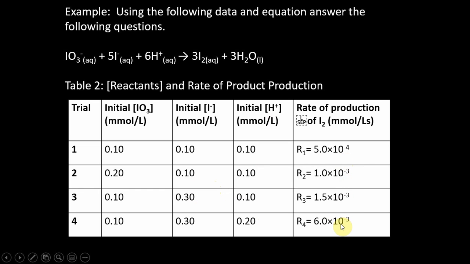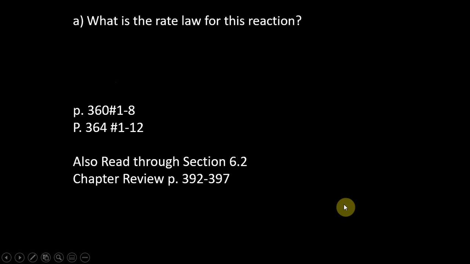Okay, this goes up by a factor of 2 to 3. And then this one here, if I triple this, I also triple this. And so then, yeah, going from here to here, so that triples this. So that's a first order as well. All right, so I'll let you write down the rate law for that one.